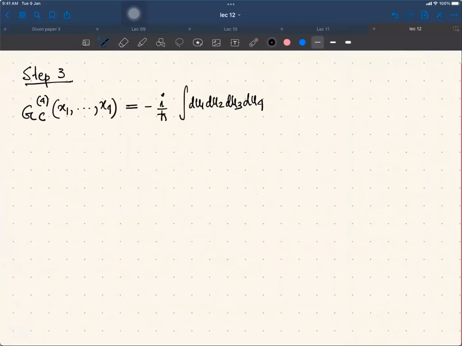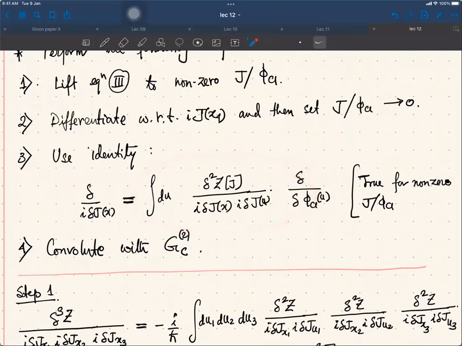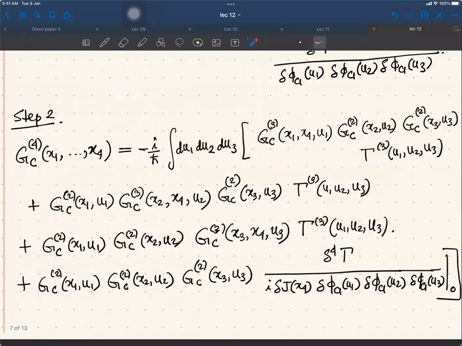That u4 is coming because of using this identity, this extra u integral, and there is a g2 between x4 and u4, and there is an extra derivative with respect to phi cl at u4.